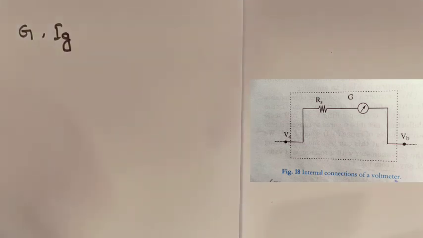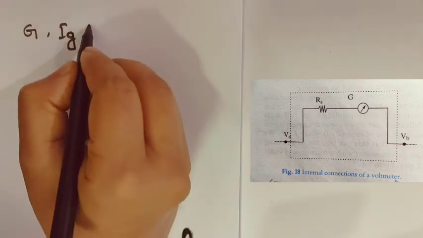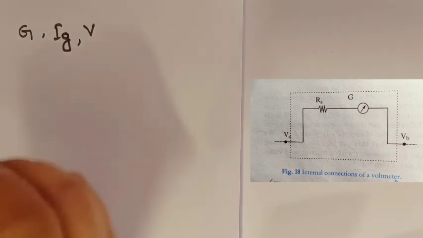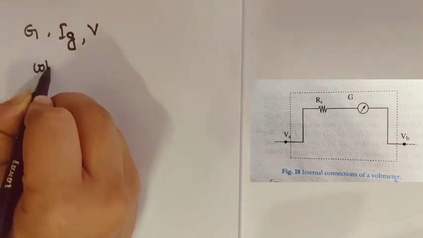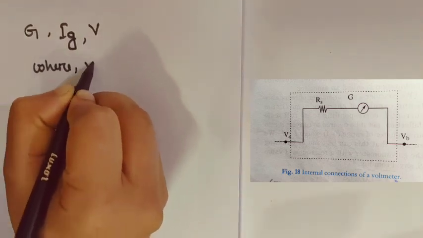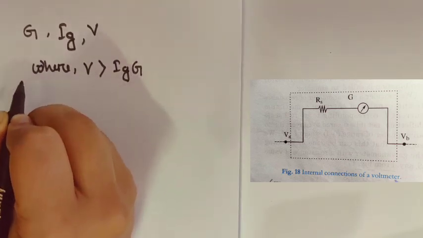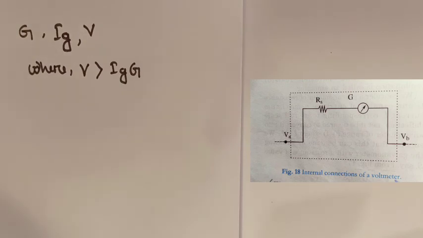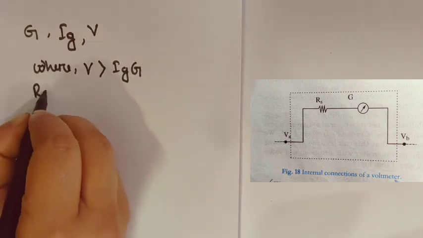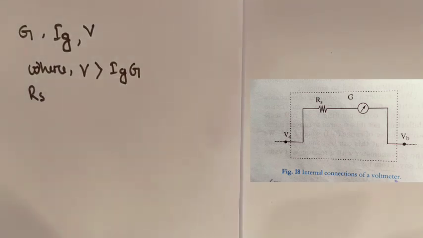Suppose we want to convert this galvanometer into a voltmeter capable of measuring a maximum voltage of V, where V is greater than Ig into G. In this situation, a high resistor Rs is placed in series with the galvanometer.